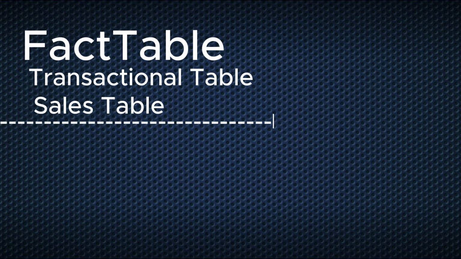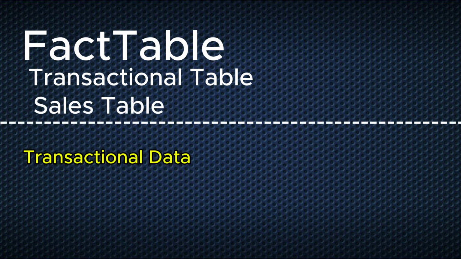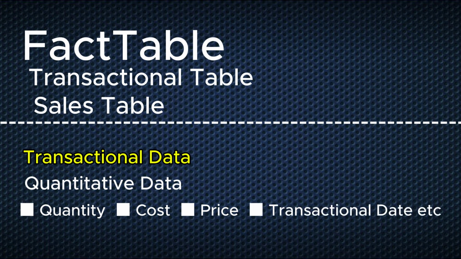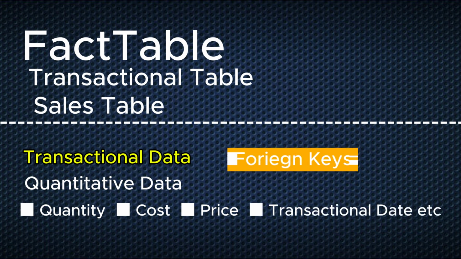This kind of table contains transactional data, like quantitative data such as quantity, cost, price, and any other quantitative values, and the transactional dates. This kind of table contains what we call foreign keys that can be used to identify the keys in our second table.